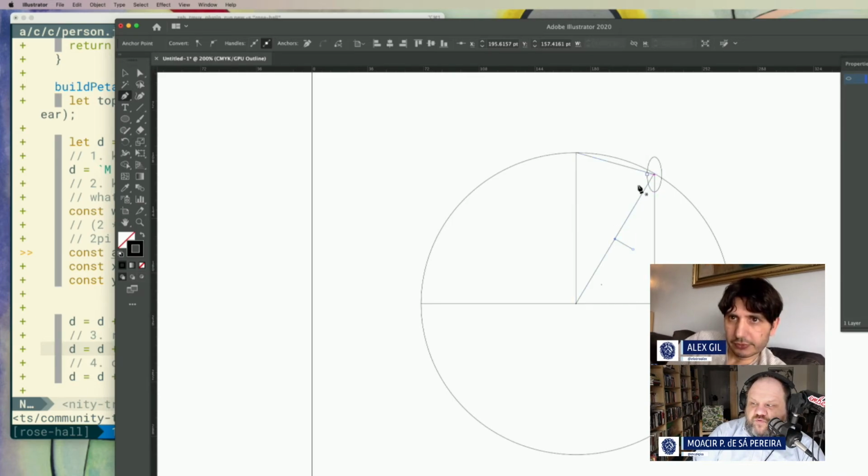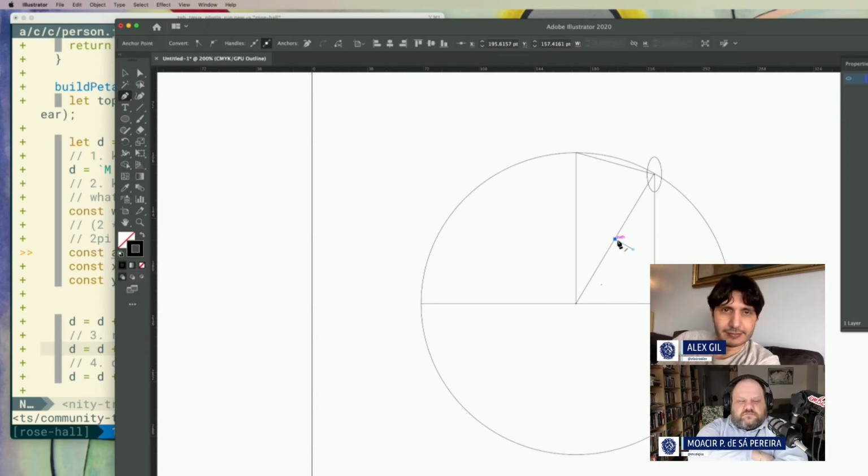So we know that the... is this just half x and half y? Yeah. That can't be right. Is it?